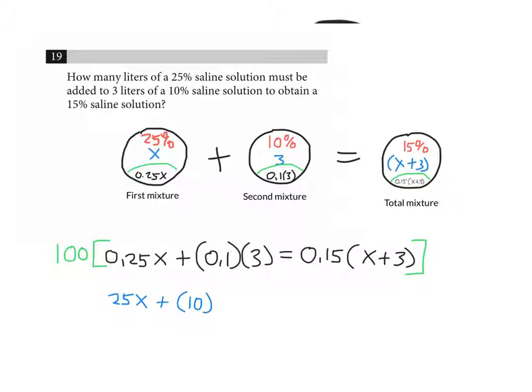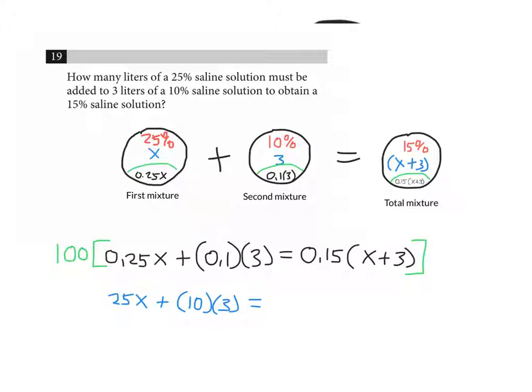Now, if you're a little worried about that move and wondering why didn't the 3 get multiplied by 100, I'll explain that after. But just take my word for it for now. This 100 only multiplies to one of these things. Then, the 100, when it gets multiplied all the way to this guy, that moves that over. It doesn't affect this, though, for the same reason that the 3 was not affected. The x plus 3 will not be affected.